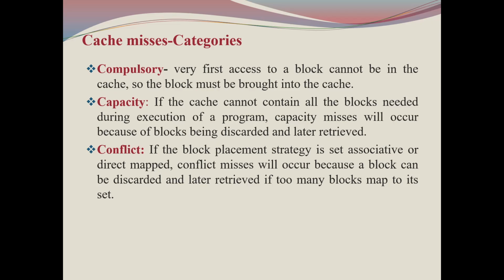Capacity means if the cache cannot contain all the blocks needed during execution of a program, capacity misses will occur because of blocks being discarded and later retrieved. And conflict, if the block placement strategy is set associative or direct mapped, conflict misses will occur because a block can be discarded and later retrieved if too many blocks map to its set.